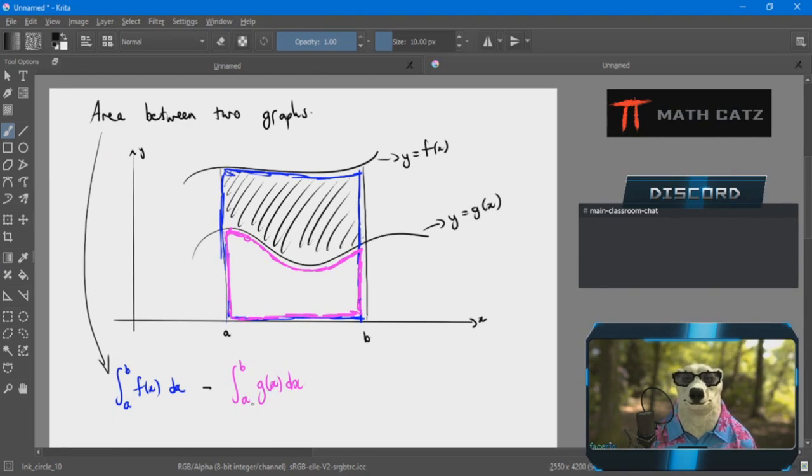So the area between two graphs will be calculated like this. But I can certainly put these together by reversing the sum difference property and merge them to integral a to b of f of x minus g of x, and x is my variable.